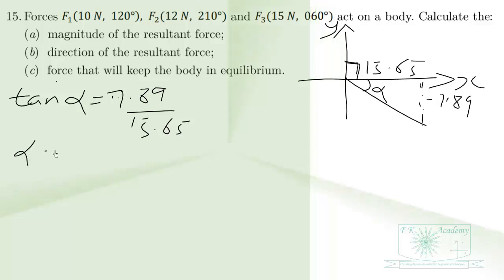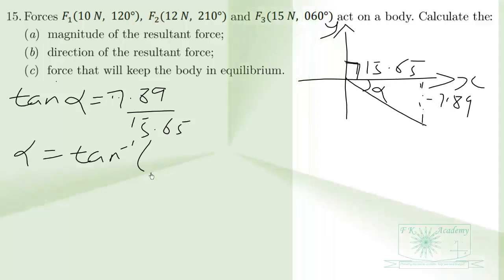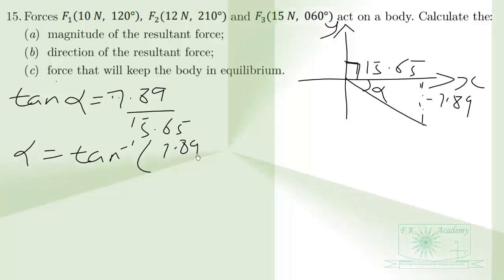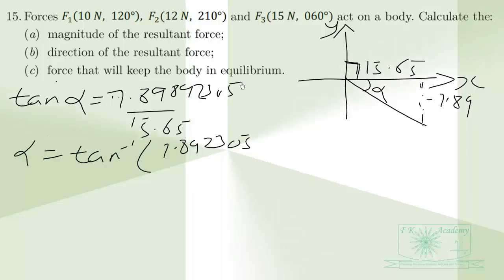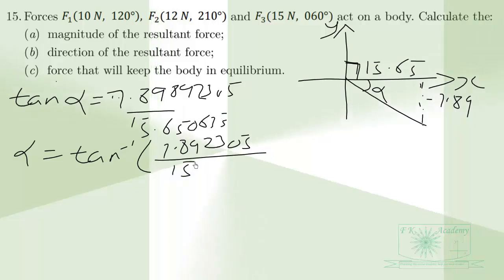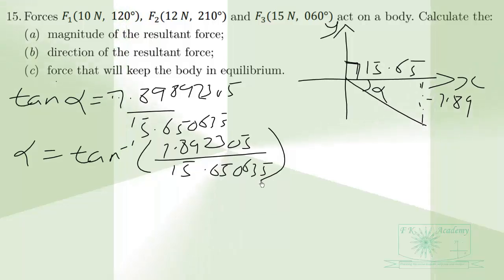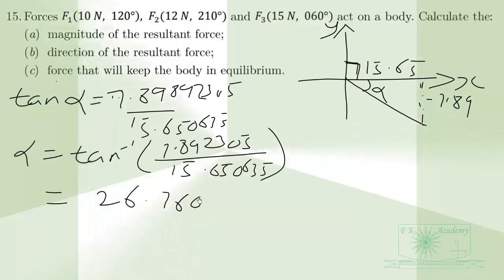So when we find tan inverse of this, we can use the full values, 7.892305 over 15.650635, and that will give us 26.760904.